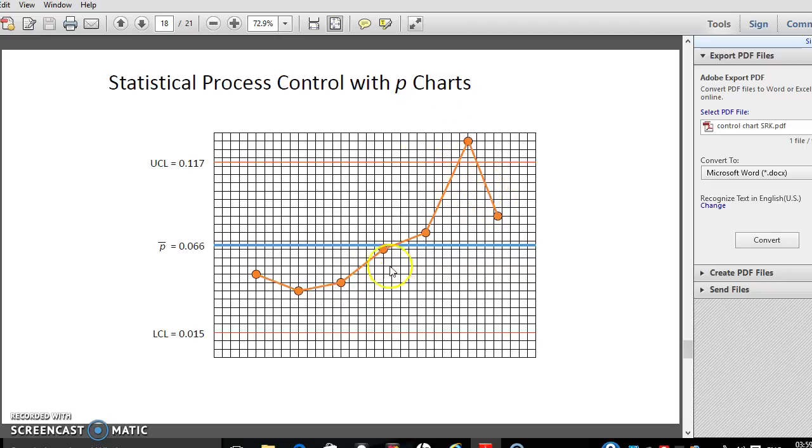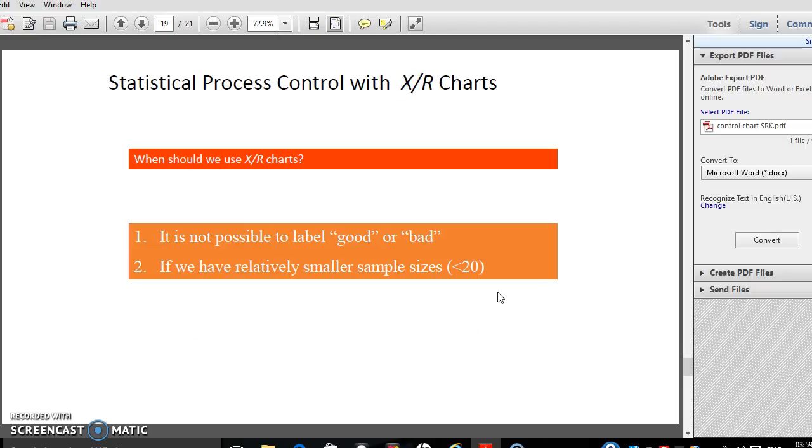Here is the control chart. The data points are plotted over here and you find the middle line. So this is the P chart. What is the X bar R chart? It is not possible to label items good or bad.